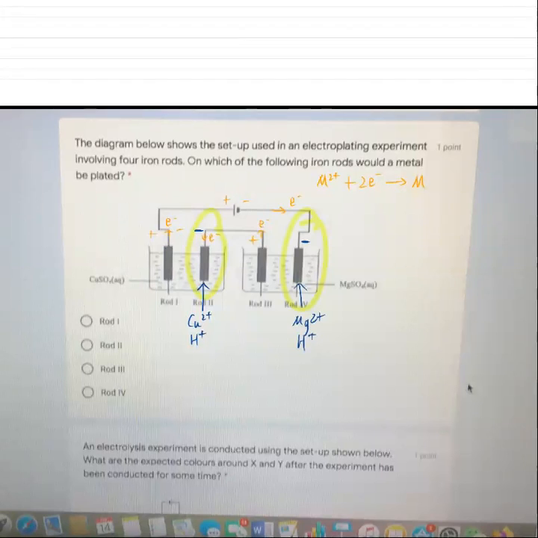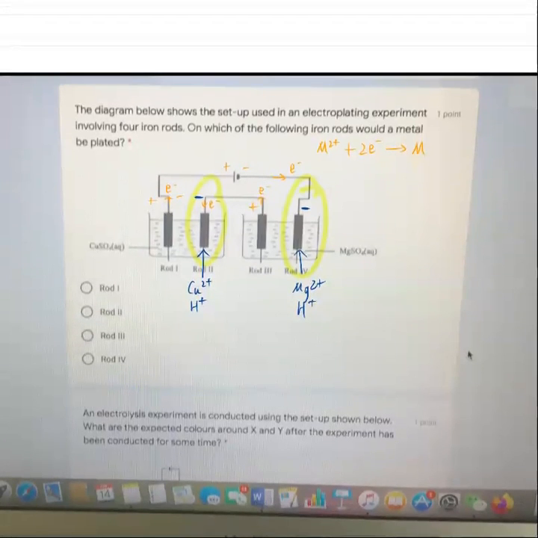And then we need to compare the reactivity. We can simply check an electrochemical series, or we can deduce it by comparing the reactivity. Copper cannot react with acid, which means copper is less reactive than hydrogen, but magnesium can react with acid to produce hydrogen gas, so magnesium is more reactive than hydrogen.